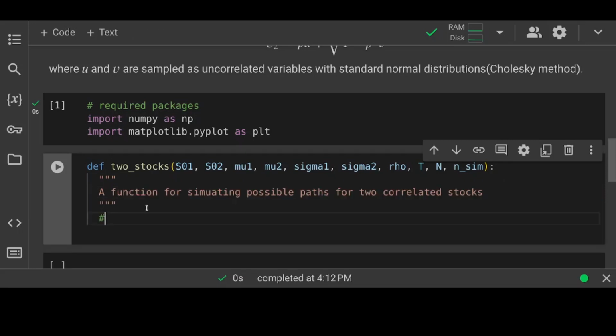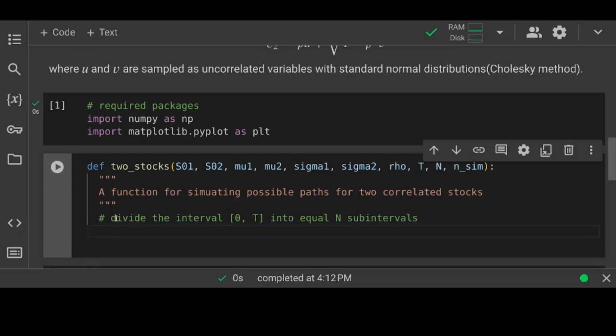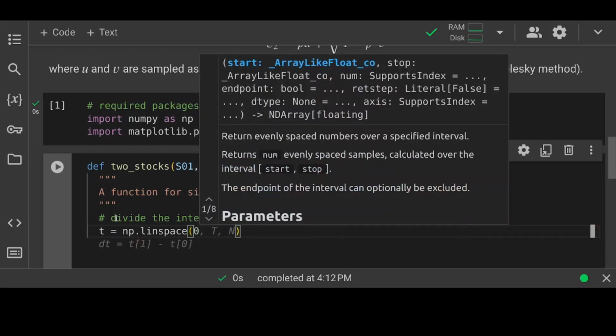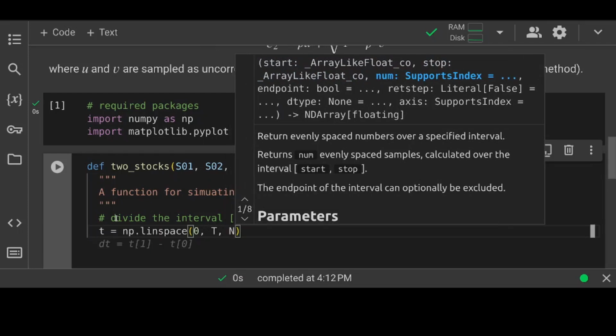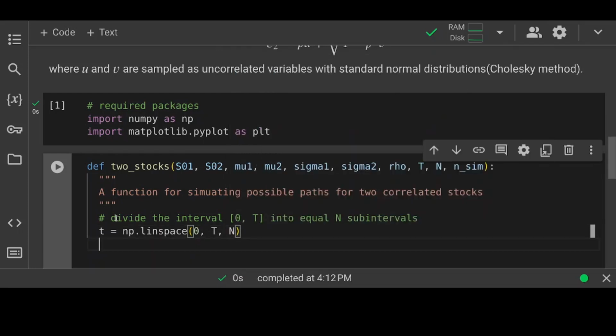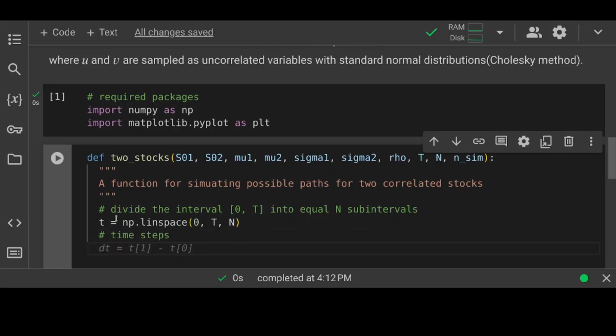Now divide the interval 0 to capital T into n equal subintervals. That means t is equal to np.linspace of 0, capital T, and n, comma capital N. Then this is the time step, and dt is the time step which is given.